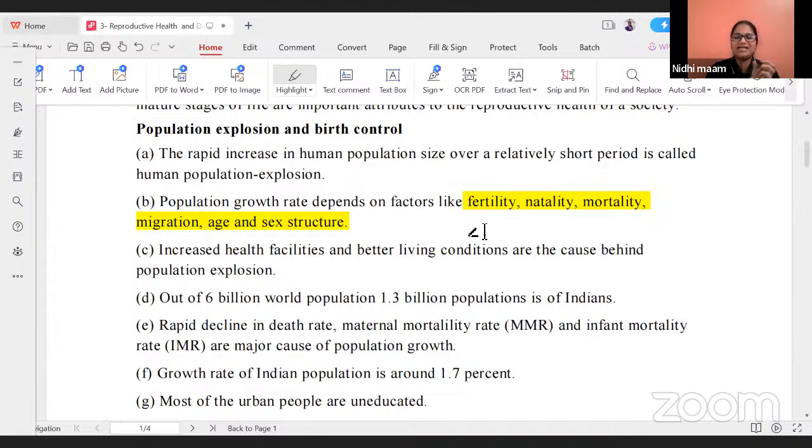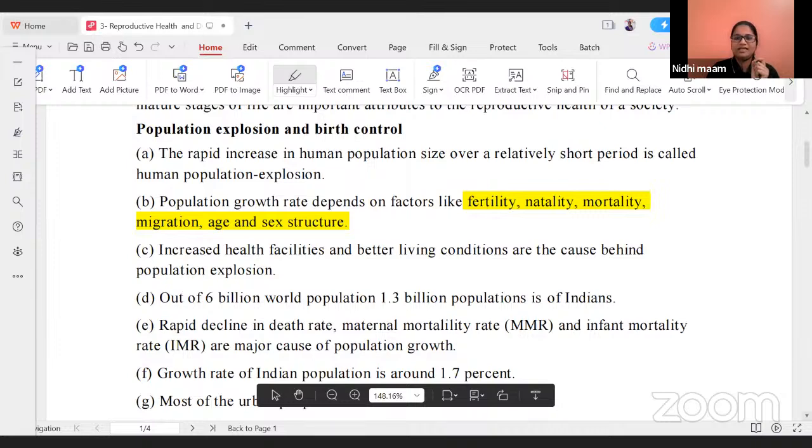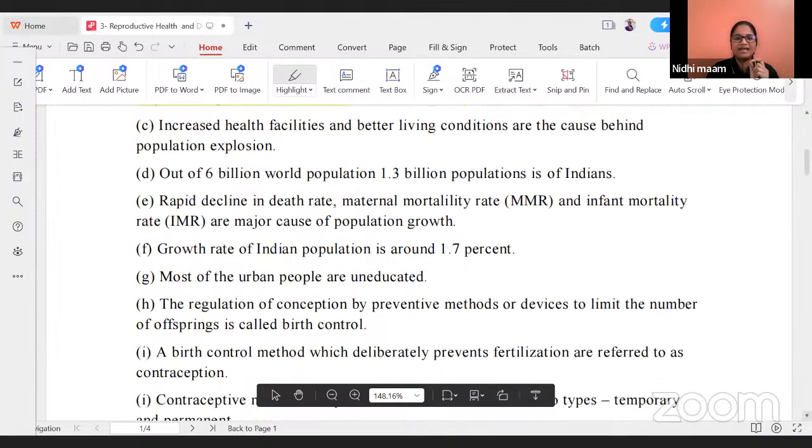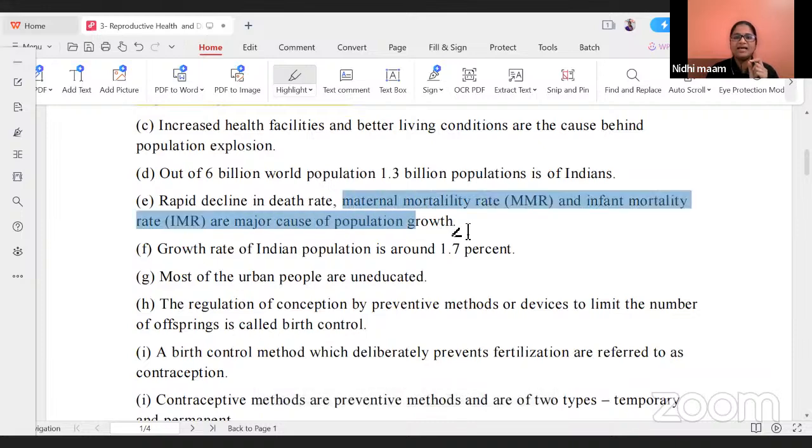Increased health facilities and better living conditions are the cause behind population explosion. Then there is a rapid decline in the death rate, maternal mortality rate, and infant mortality rate. These are also major causes. Maternal mortality rate means in older times, during delivery, the mother used to die usually due to critical conditions.